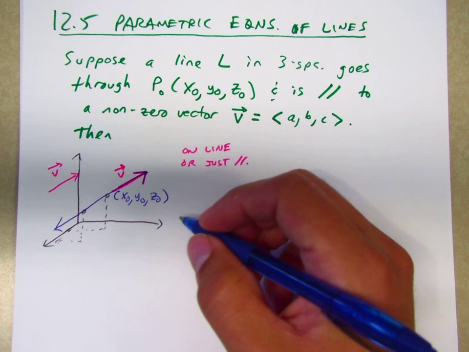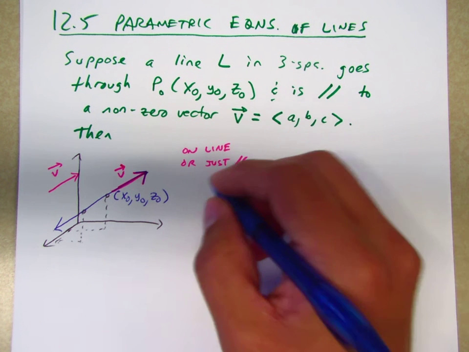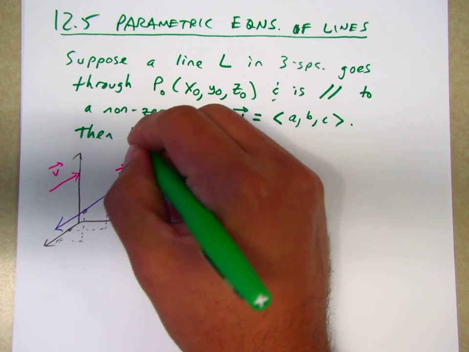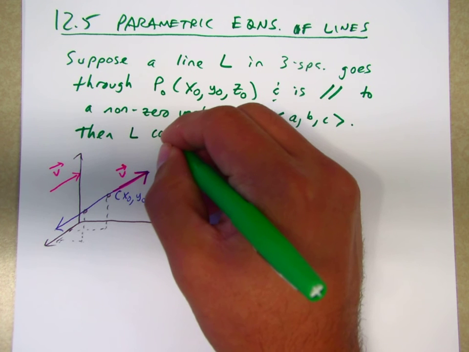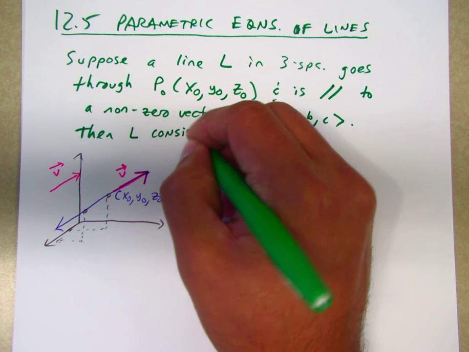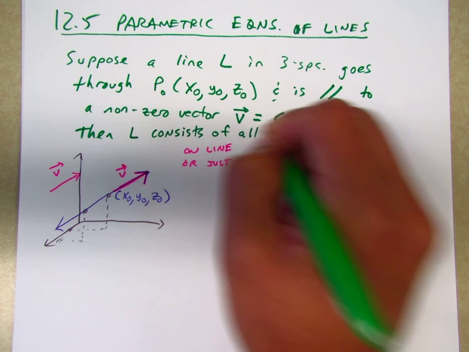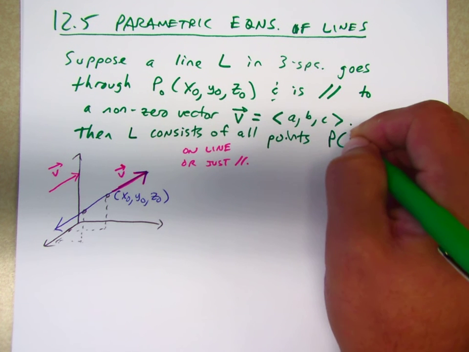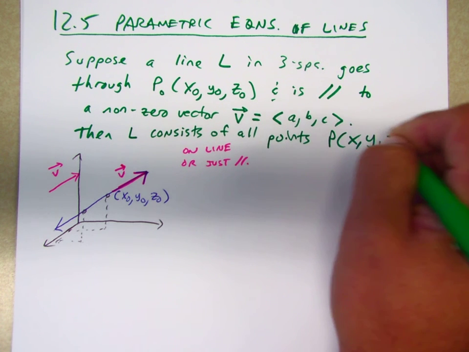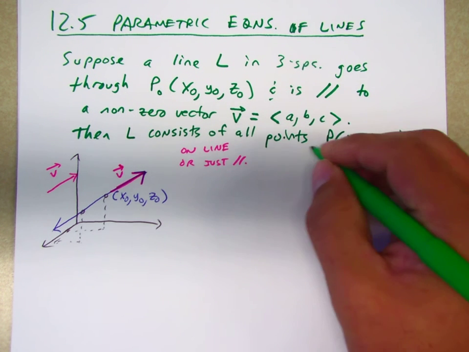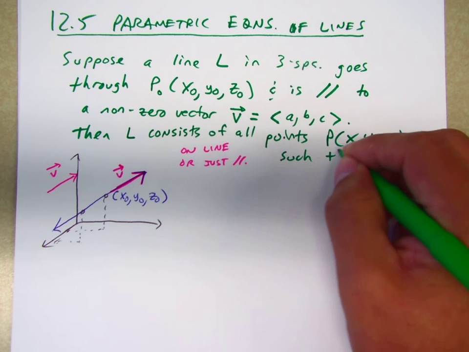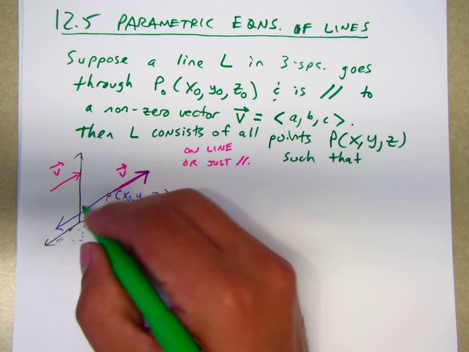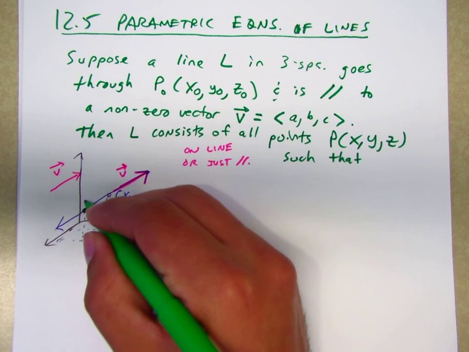Now, in general, L will consist of all points P, just regular old x, y, z coordinates, such that, so here's a point P now.